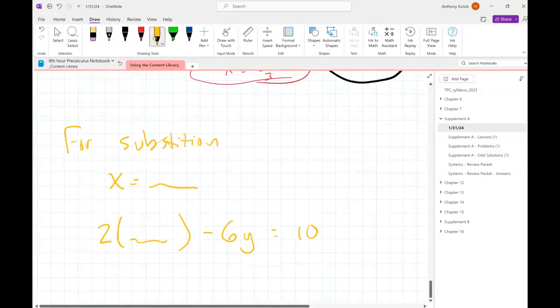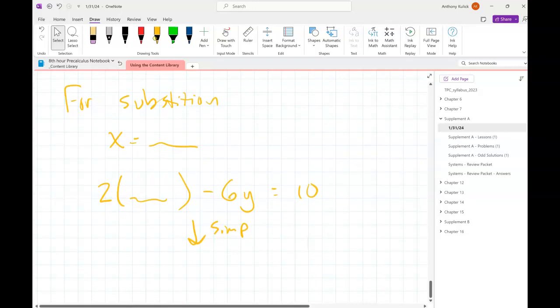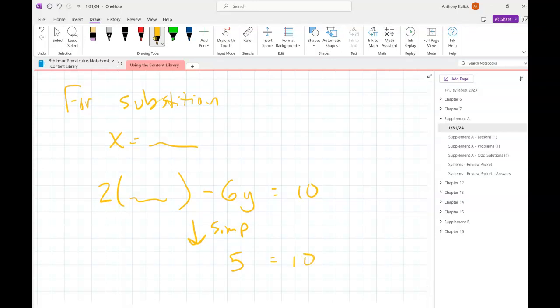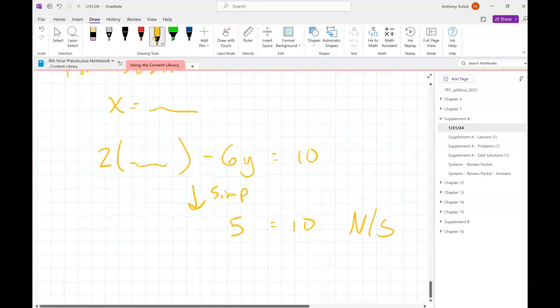If when I simplify I get like 5 equals 10, like all the y's canceled out when I simplified and I'm left with just constants, does 5 equal 10? No, right? What does that tell me? No solution.